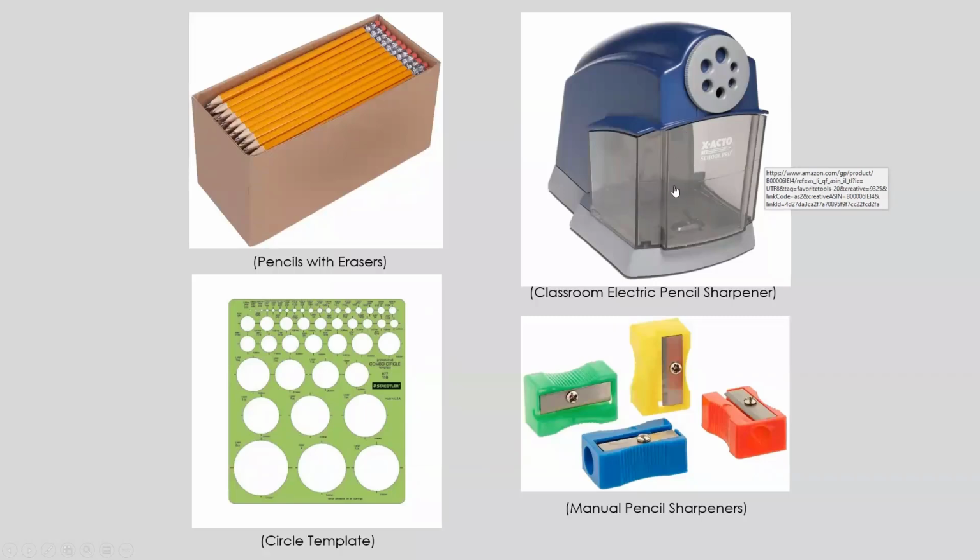This is a very efficient type of electric pencil sharpener. This is the manual one. They are very inexpensive, and you can buy a 20 pack or 30 pack and let the students use it. It's just slower, and also you need to have trash cans nearby so that they don't sharpen the pencil all over the floor.